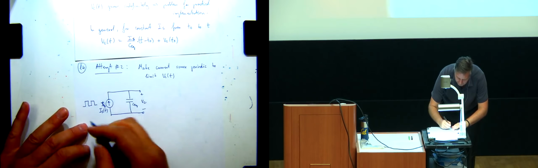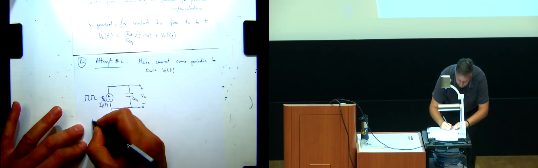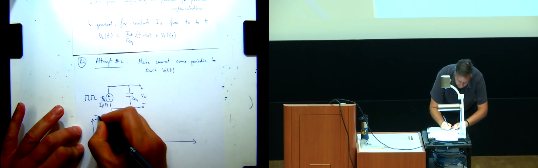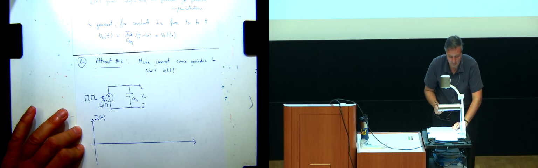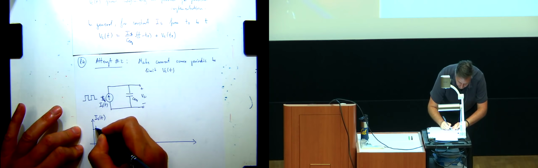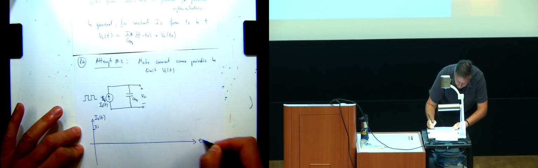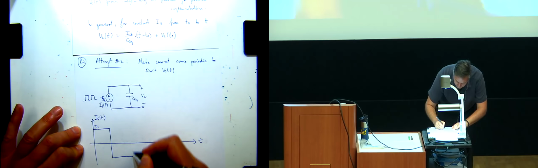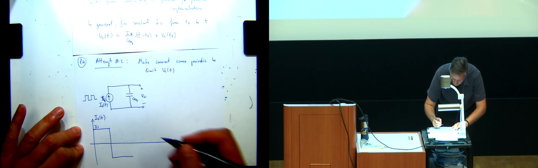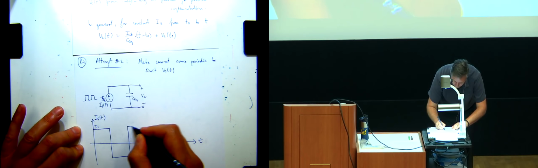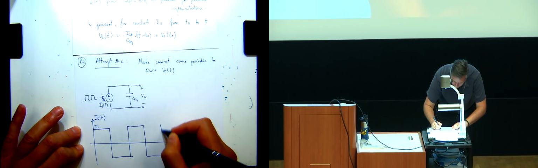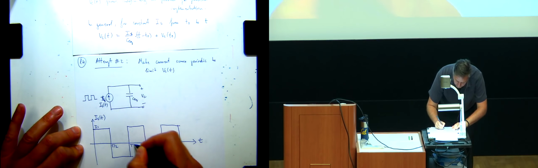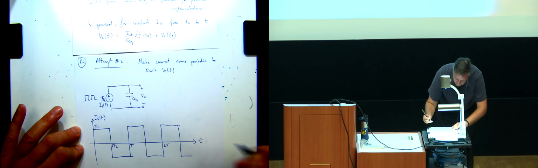So let me maybe draw a bigger diagram here. What's actually going on? So Is of t, I'm going to label it so it's I1 here. So that's its time. So this is T over 2, T, 2T, etc. Right?